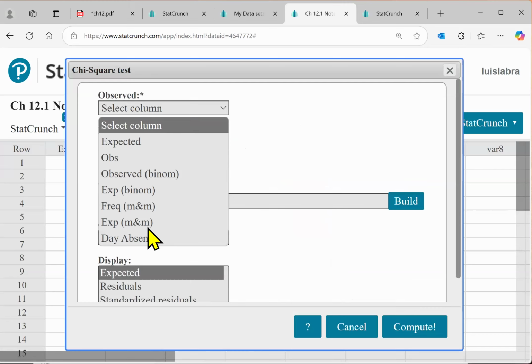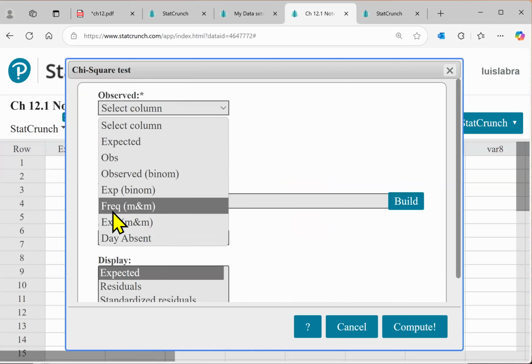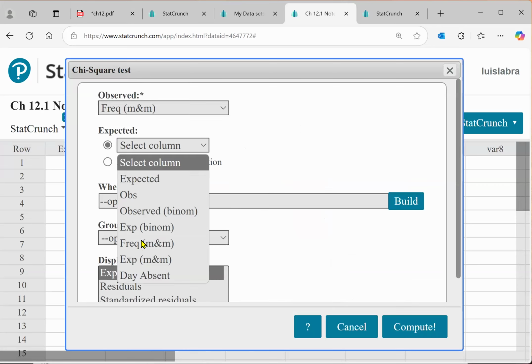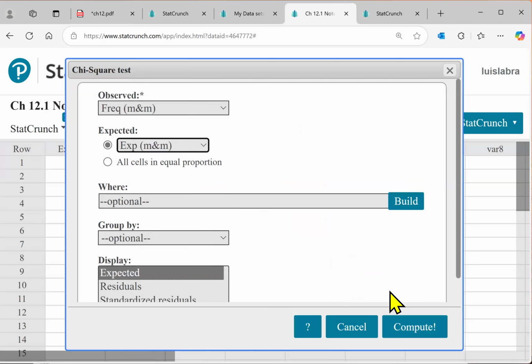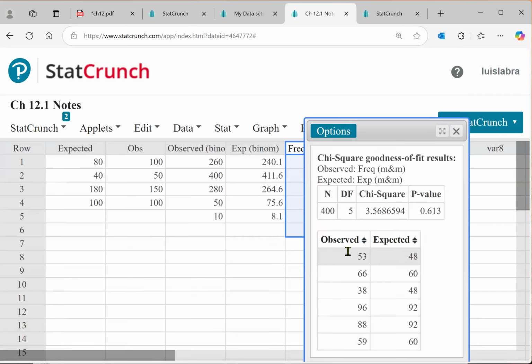We're going to select the observed for M&Ms. And notice that the observed is just the frequency that I actually got when I did this sample. The expected is here, expected M&Ms. And we are good to go. So we've got our summary here, as well as our test statistics.